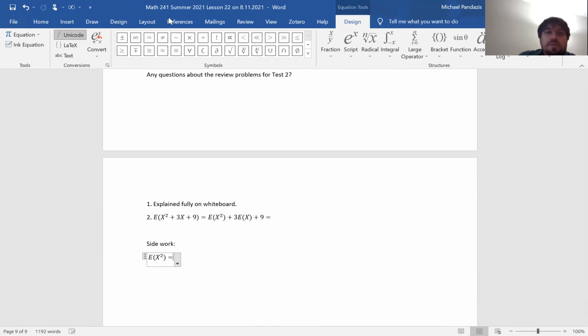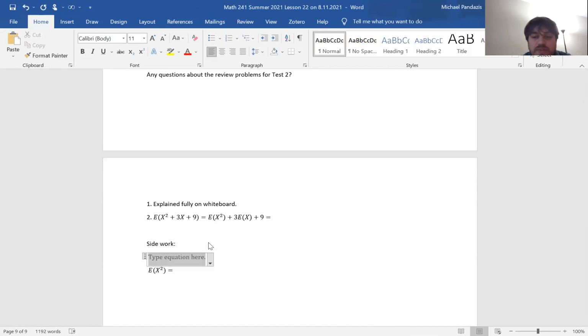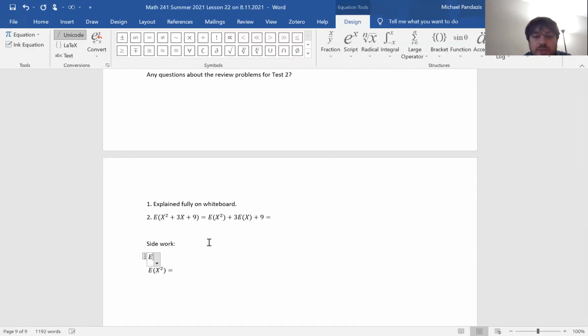And also looking back at the original review sheet, we want to find E of X and E of X squared. So you want to find E of X and E of X squared, and then just plug them into that equation, and you'll get E of X squared plus 3X plus 9.